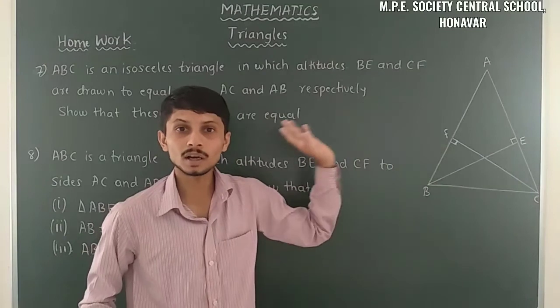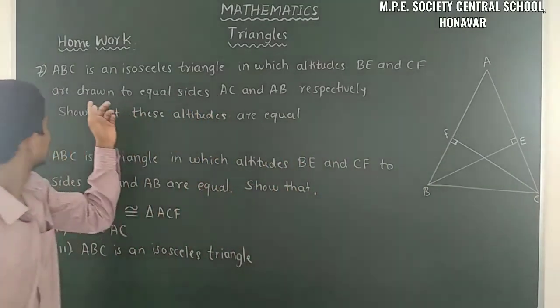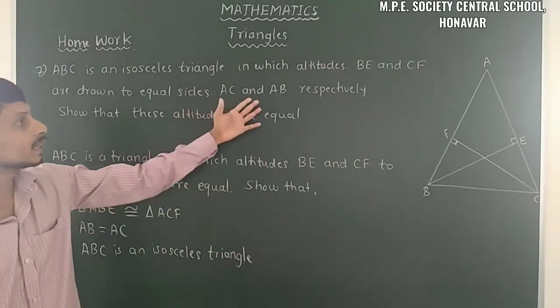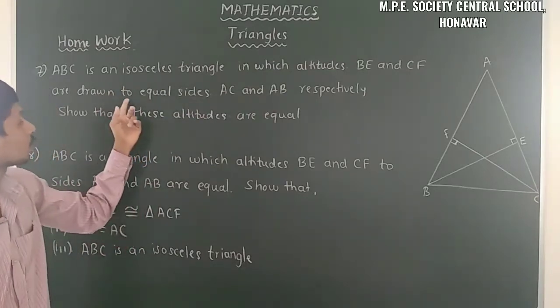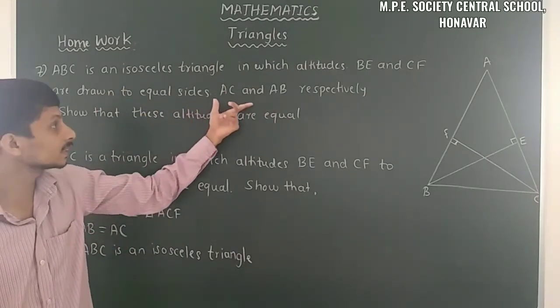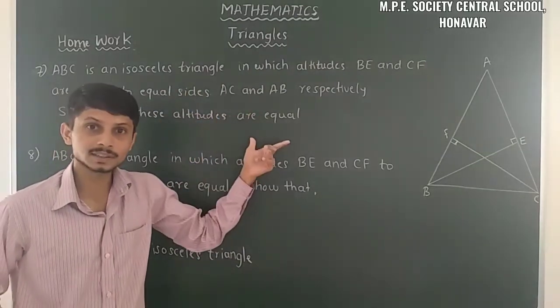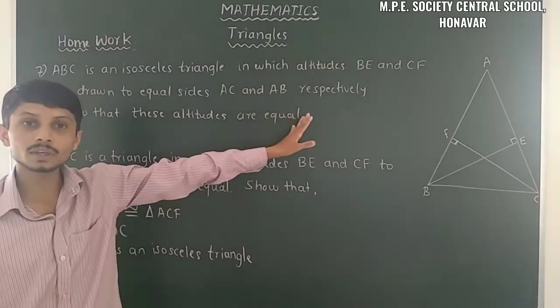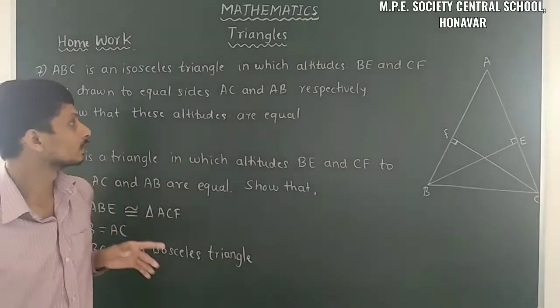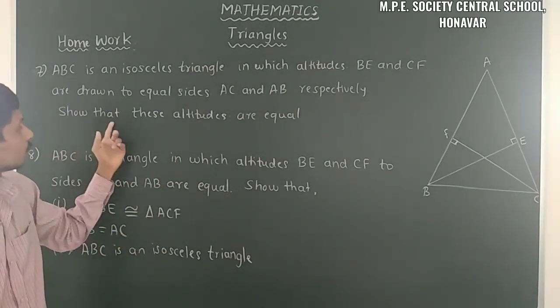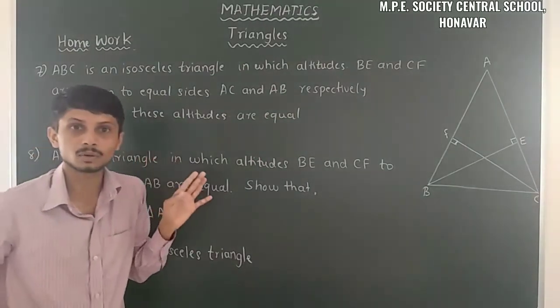That means when ABC is an isosceles triangle, then AB is equal to AC, it is given. Then we have to show that these altitudes are equal.